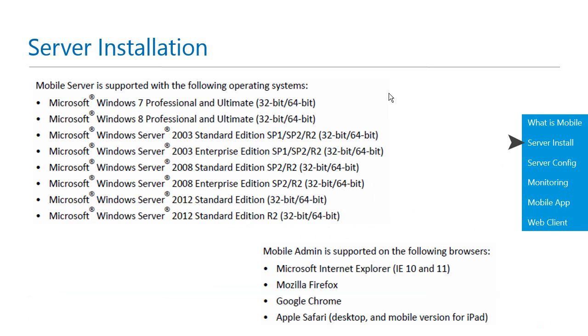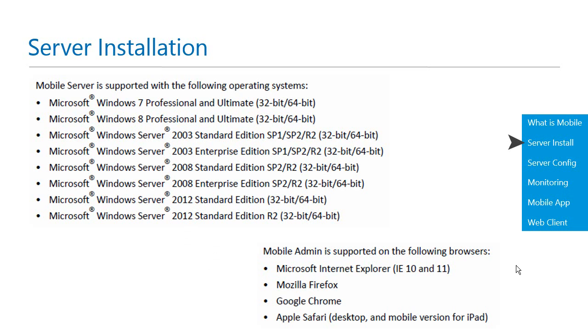Now, in terms of the operating system for the server, we can run the mobile server on a professional or ultimate version of Windows 7 or 8, the standard or enterprise version of Windows Server 2003 and 2008, or the standard or standard R2 version of Windows Server 2012.